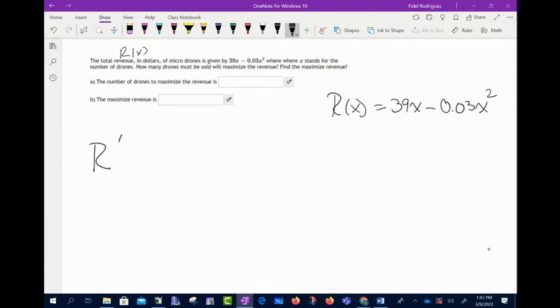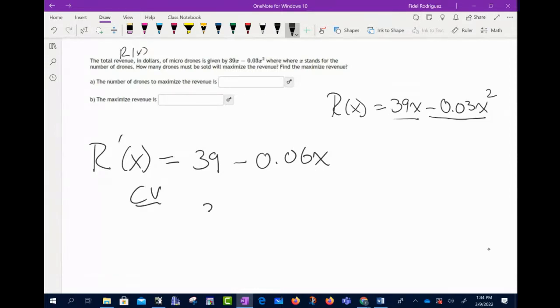So we're going to find R prime of x. The derivative of 39x, everyone agree, is just 39? What is the derivative of a negative 0.03x squared? I'll give you a hint, it's going to be negative. Very good. What an x, right? Perfect. You guys are doing great. Okay, now we're going to find our critical values. So we're going to set this thing equal to 0.